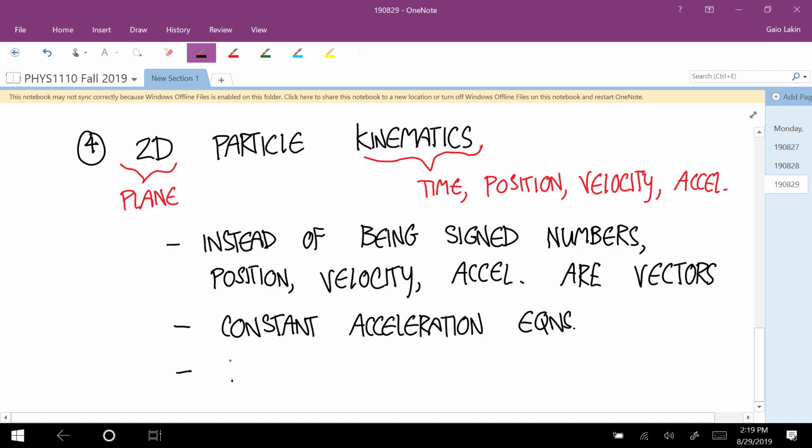And again, we'll deal with projectile motion. But now, instead of one-dimensional projectile motion, where we're confined to things either being launched straight up in the air or straight down, we'll be able to do calculations with things that are shot out at an angle.